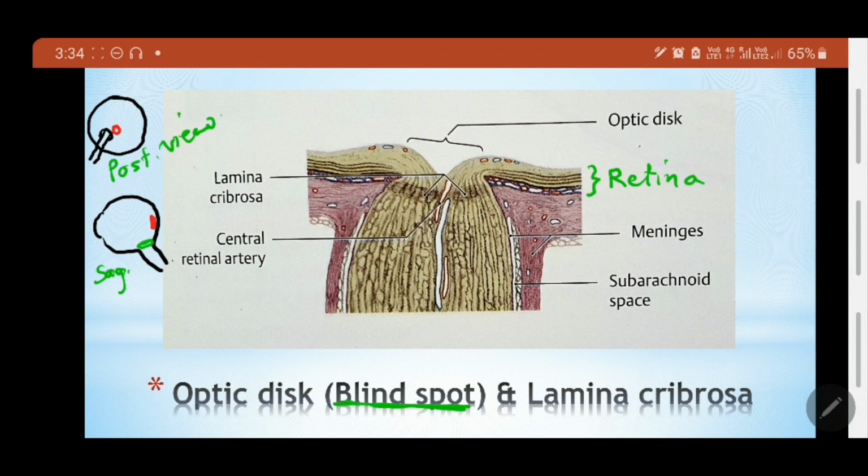So you have been told about all the layers. Now we actually focus upon the nerve fiber layer, which was the 9th layer. The nerve fiber layer is the central processes of the ganglion cell layer, and ganglion cells are the second order neurons. Remember, there were three neurons along the optic pathway in the retina.